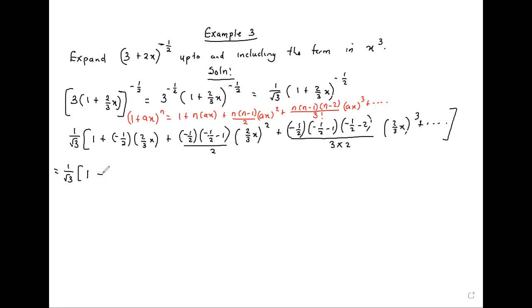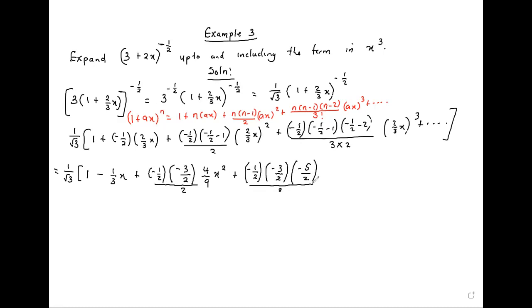The first one will give us minus 1 over 3x, plus we have negative half minus 1, which is negative 3 over 2. 2 over 3 squared is 4 over 9, x squared, over 2, plus negative half minus 1 is negative 3 over 2, which is then negative 5 over 2, over 6. That's okay, we can keep it in this form.